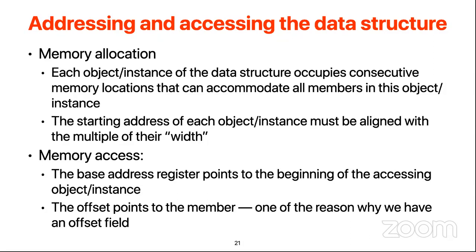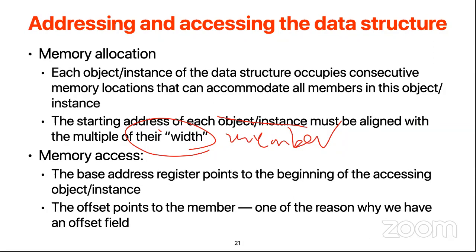And in the x86 instruction set architecture, the starting address of each member in the structure must be aligned with a multiple of its width. So if I have a member that is 4 bytes wide, its starting address must be a multiple of 4. If its size is 8, it must start at an address that is a multiple of 8.